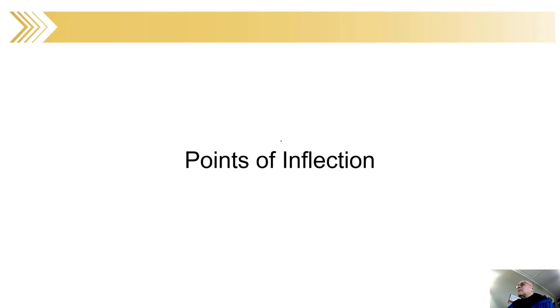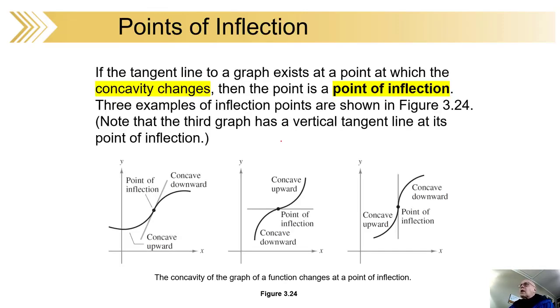Points of inflection. That's where the concavity changes. So down here, for example, this point of inflection is where you cut the graph of this curve if you want a concave upward section and a concave downward section.